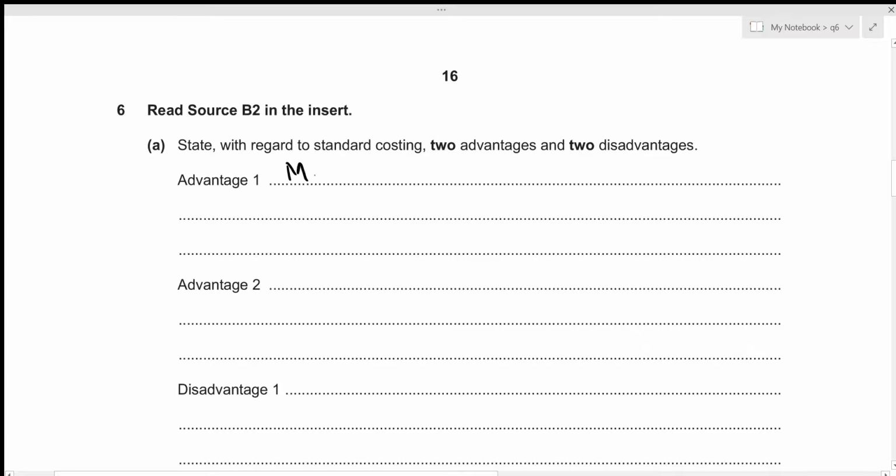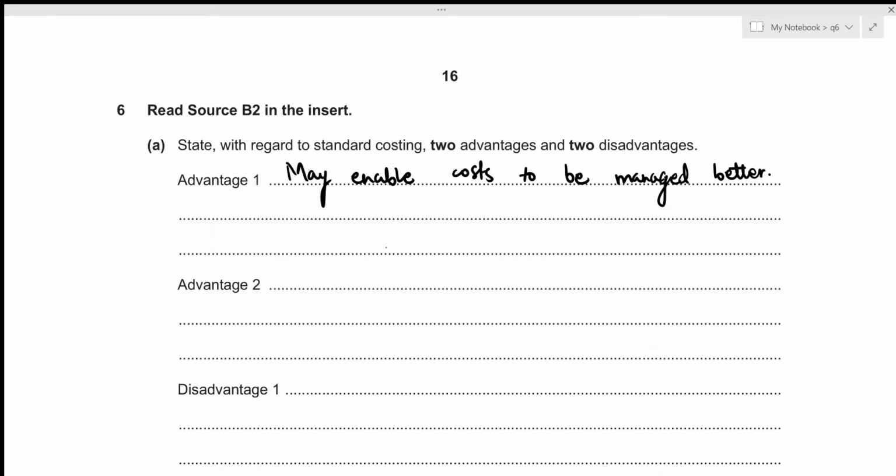May enable costs to be managed better. Then the second advantage would be that this would facilitate our variance analysis. So we can compare it with our actual number of units sold or actual costs incurred and then figure out the variances, right? Let's write it down.